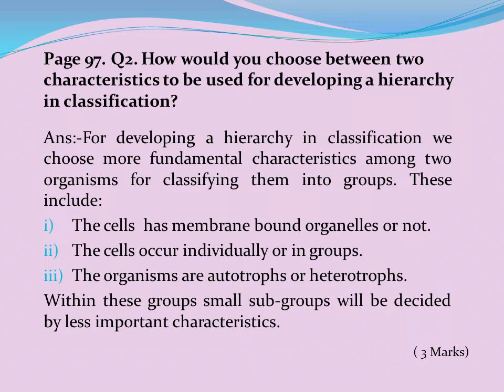These include: 1. The cells have membrane bound organelles or not. 2. The cells occur individually or in groups. 3. The organisms are autotrophs or heterotrophs. Within these groups, small subgroups will be decided by less important characteristics.